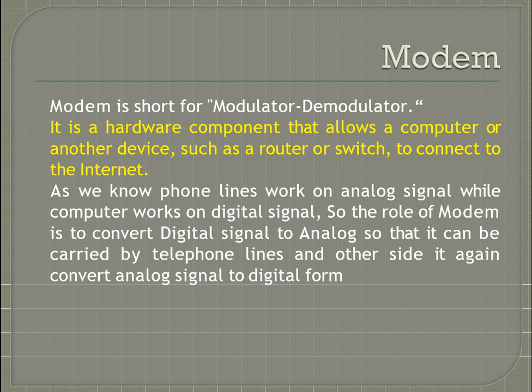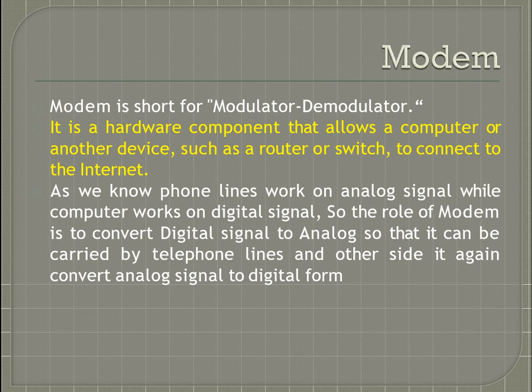In a similar manner, the modem receiving the call then changes the analog signal back into a digital signal that the computer can understand. So this shift of digital data into analog and analog to digital allows the computers to communicate with each other.